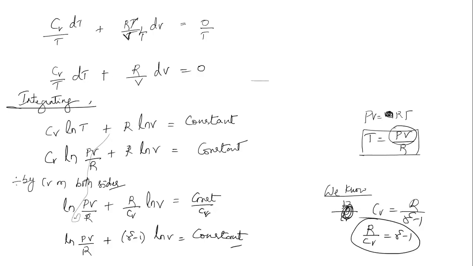Now, in the next step, we will apply the logarithmic rule. The coefficient will go to the power. Now, ln PV by R plus ln V to the power of gamma minus 1 is equal to constant.